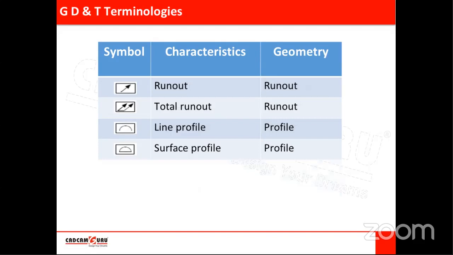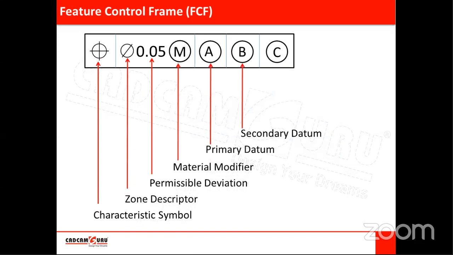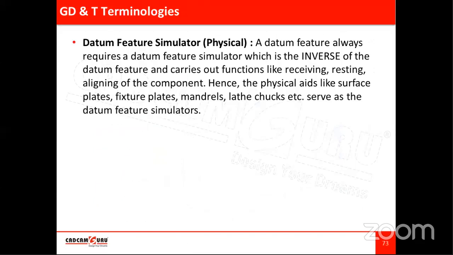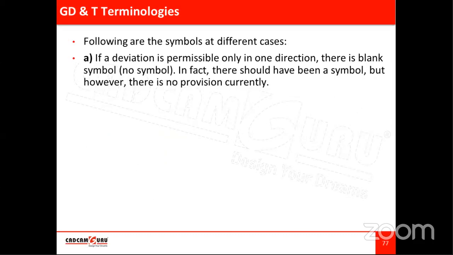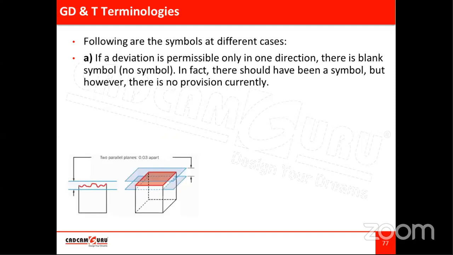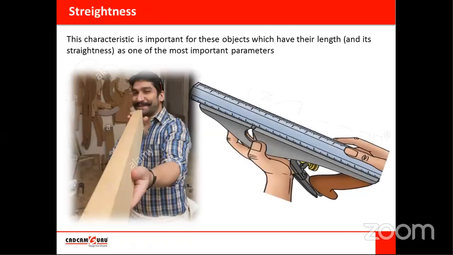Again, this is common for all the characteristics: we can apply GD&T when there is a requirement in assembly, meaning any other part is to be fitted on the feature under consideration. When there is a one-to-one fitment, then we apply GD&T.